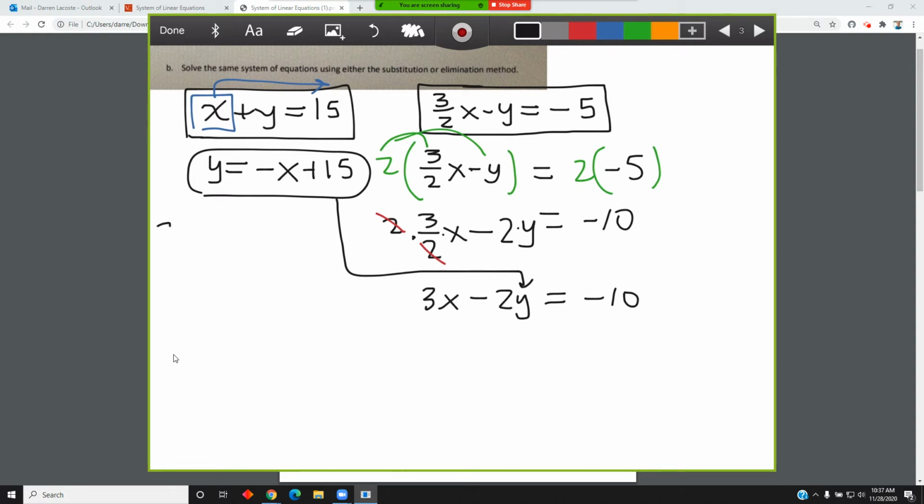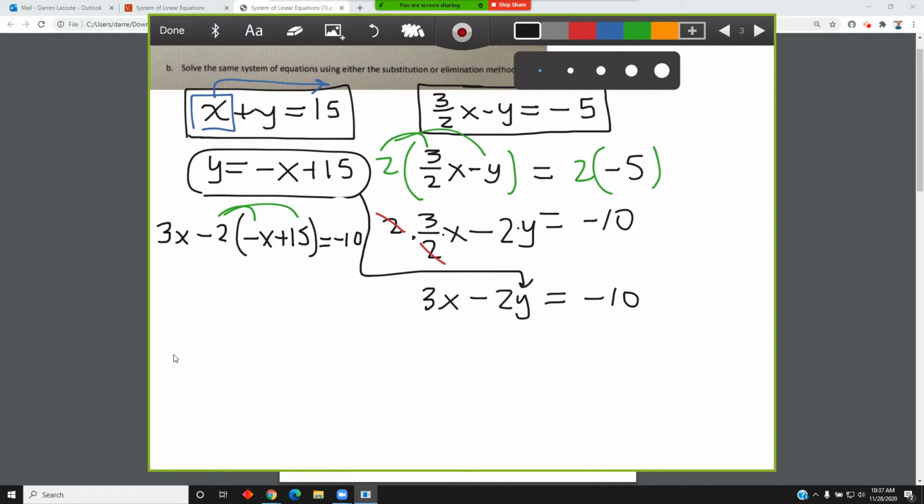So then we'll have 3x minus 2y, where y is -x plus 15, equals -10. Notice this equation now contains only one variable, and we can solve that variable for x.